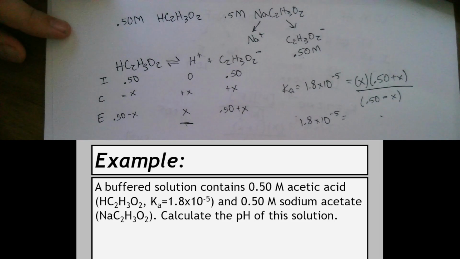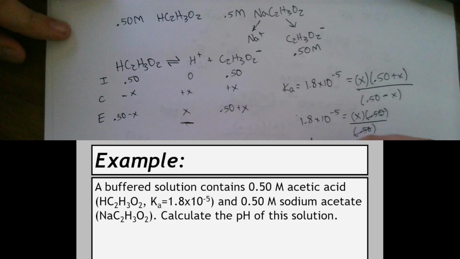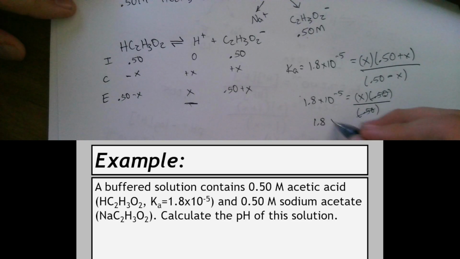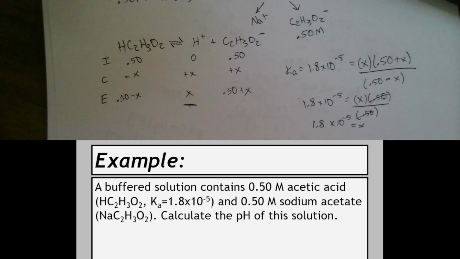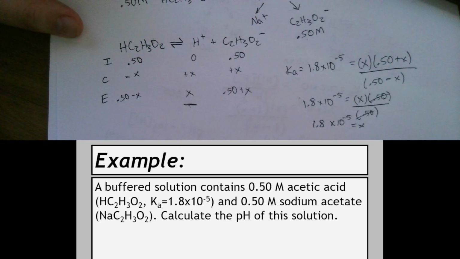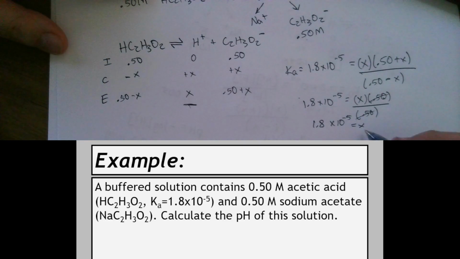So at the top here, I have 0.5 plus X. Let's get rid of that and just make it 0.5. Bottom, let's just make it 0.5 as well. Those 0.5s cancel, and X equals 1.8 times 10 to the minus 5. We solve for X, and now we just take the pH because X is our H plus concentration.